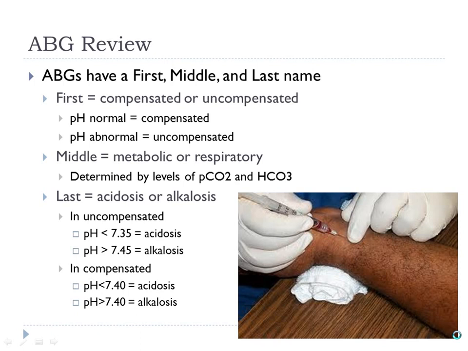So if it's less than 7.4, it's closer to acidosis. If it's greater than 7.4, that's closer to alkalosis. Does that make sense? I will never give you a question where it lands right on it. You can still figure it out, but I won't do that. It's 7.39, 7.41. Right?